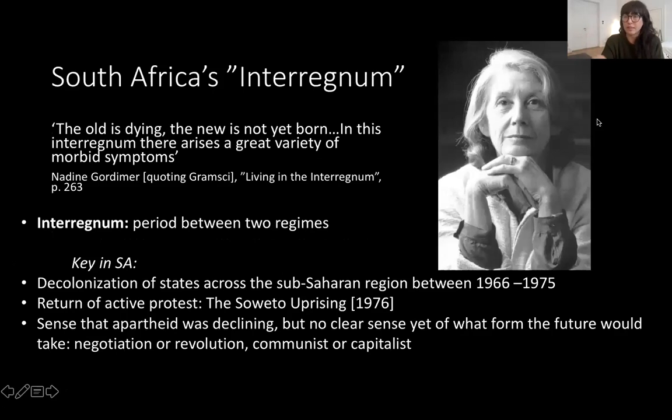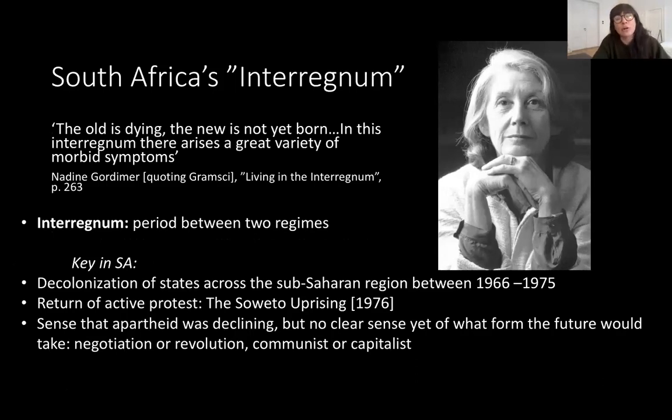All right, so like I say, we're now at the end of the 20th century, during a period which was called by Nadine Gordimer South Africa's interregnum. So an interregnum is a period between two regimes.